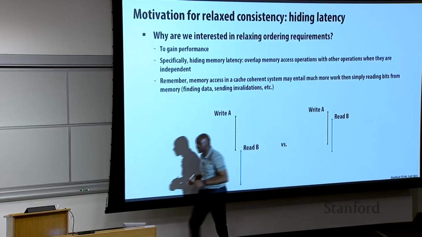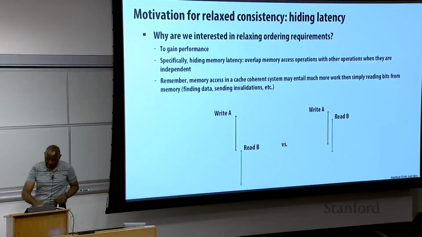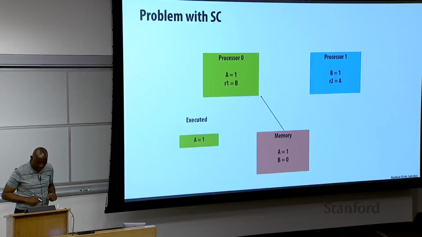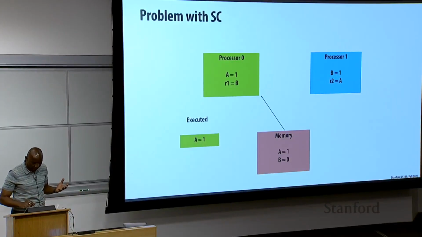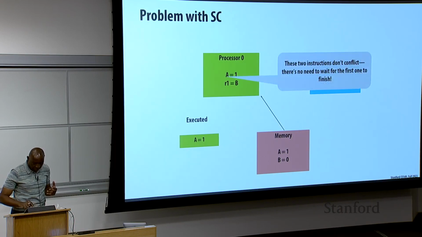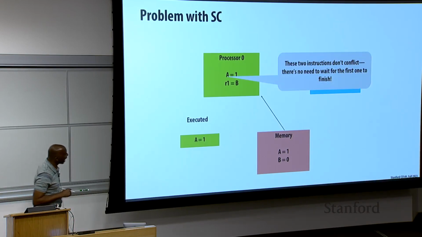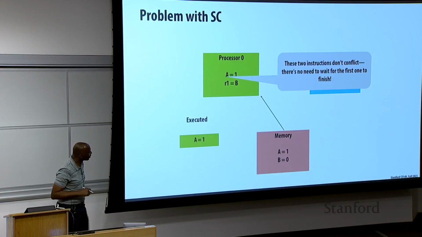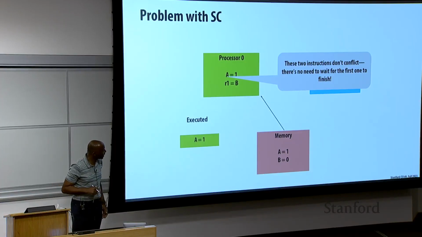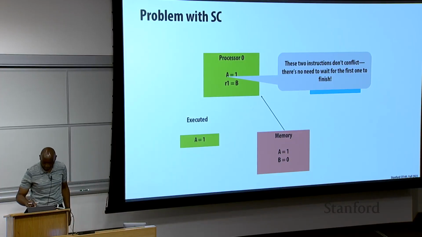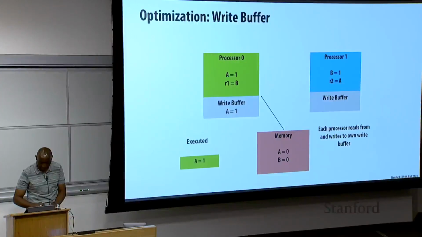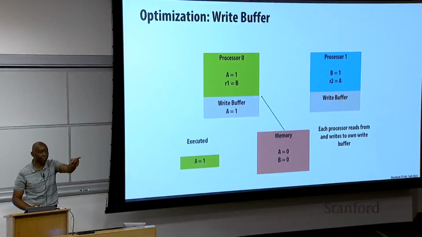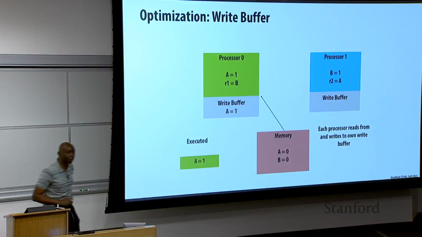Okay, so let's see what happens when you do that. The problem with SC is that you've got this case where these two accesses are unrelated, and you'd like to have the read happen earlier than the write, because the write is going to take a long time. Somebody said write buffer. Good idea, let's put a write buffer in.